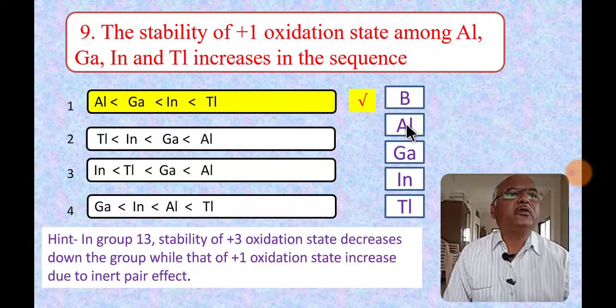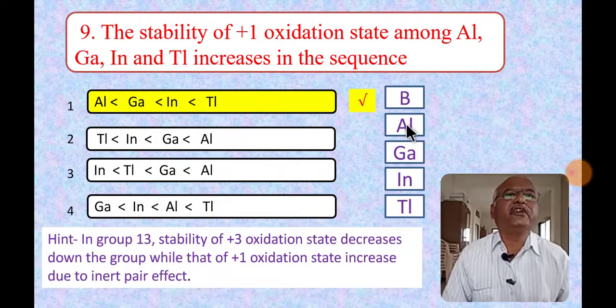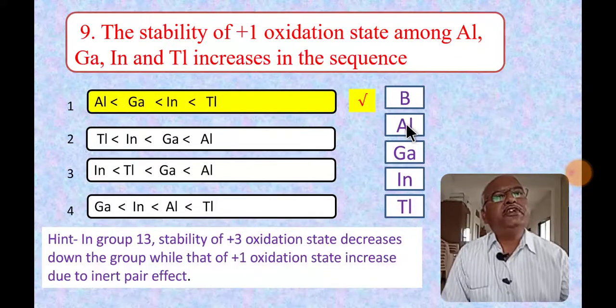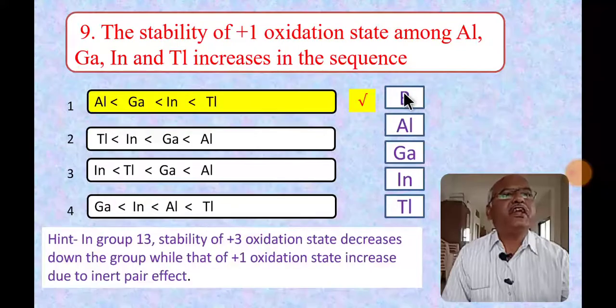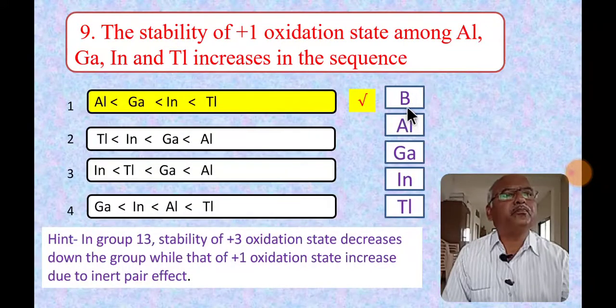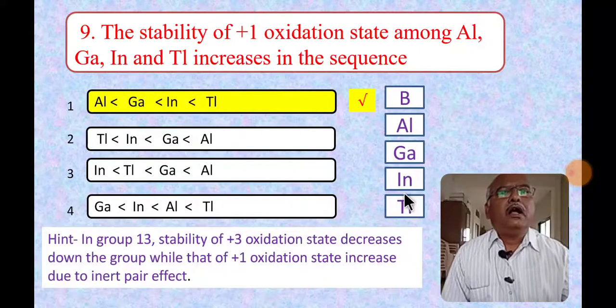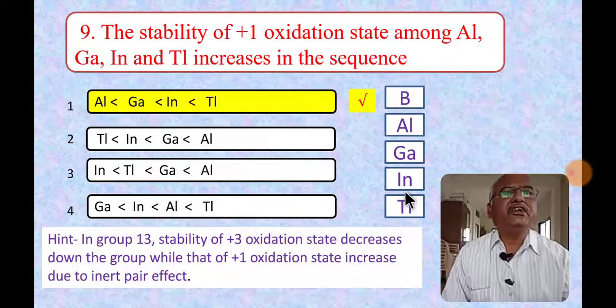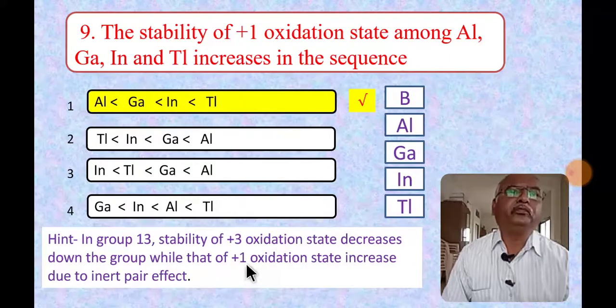The elements of this group show +1 and +3 oxidation state. The stability of +3 oxidation state decreases from top to bottom and +1 oxidation state increases due to inert pair effect. The hint is given at the bottom.